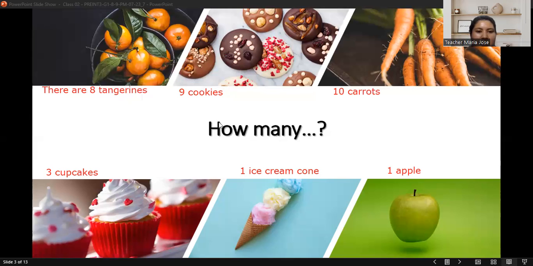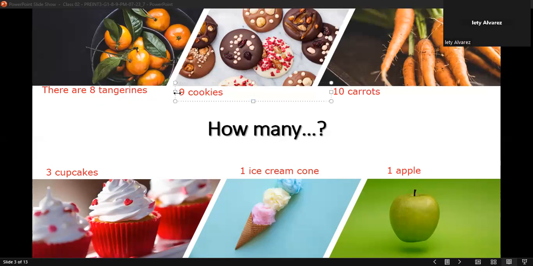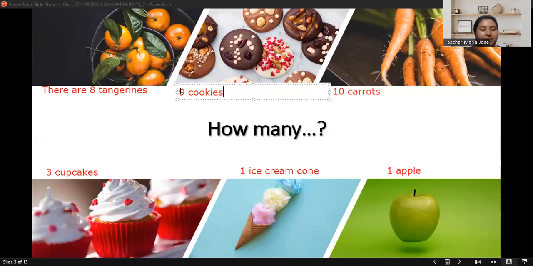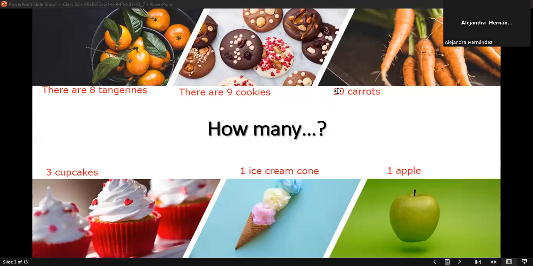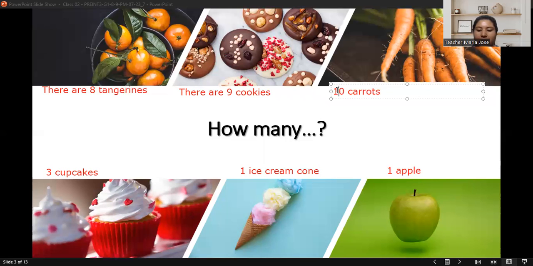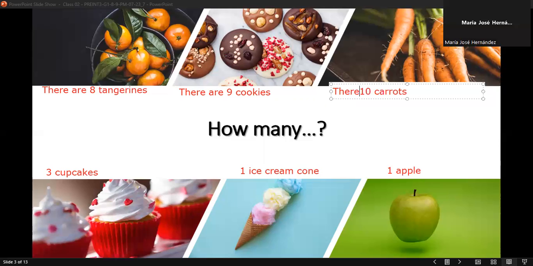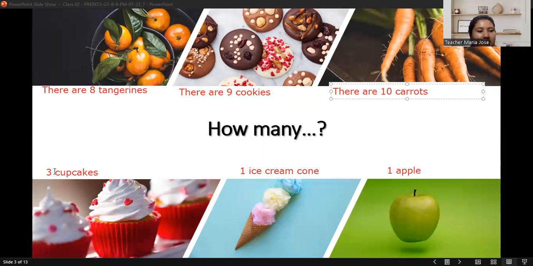What about the cookies? There are. Very good. What about the carrots? There are. Okay. And the cupcakes? There are. Very good. And the ice cream? There is.